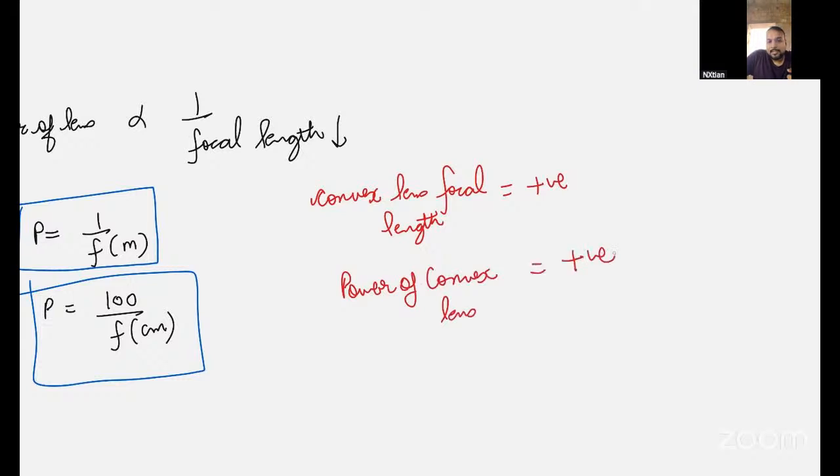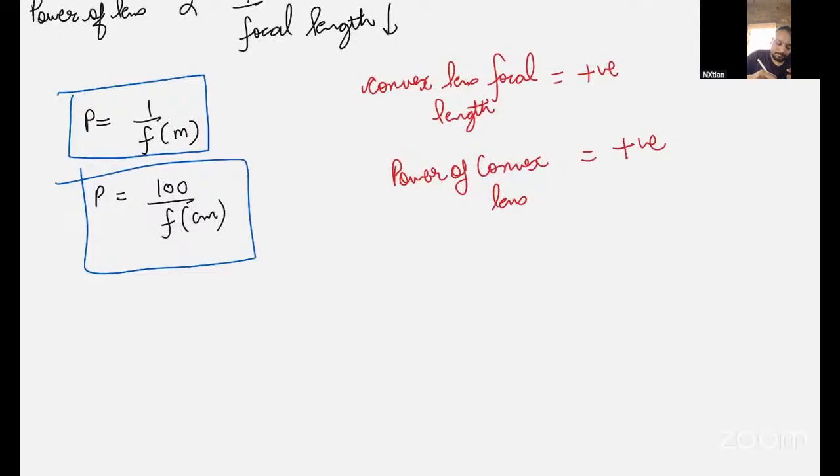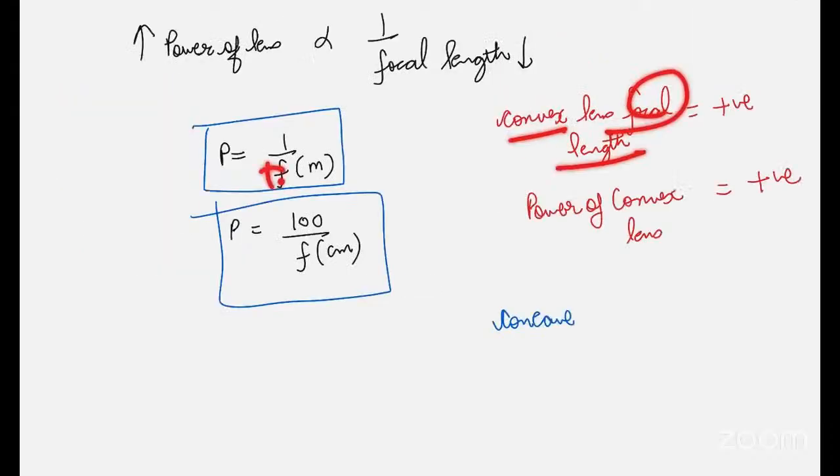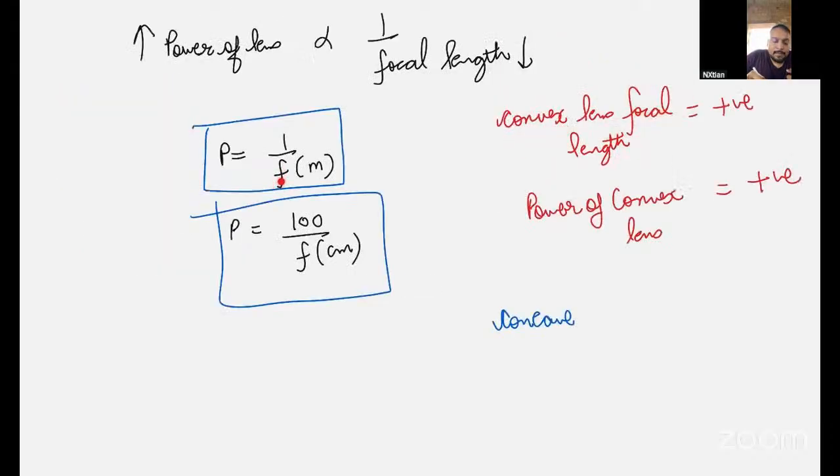Got it? Say yes or no. We learned yesterday that a convex lens has a positive focal length, like plus 10, plus 20, plus 30. So in that case power will also be plus, no? There is no subtraction or anything, so power will also be positive.